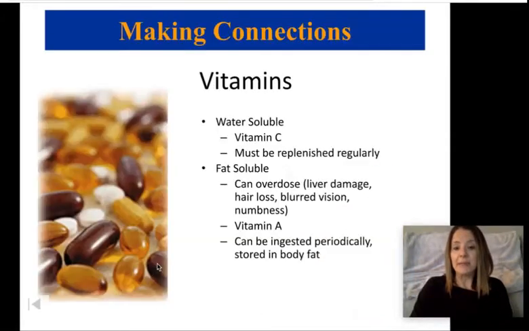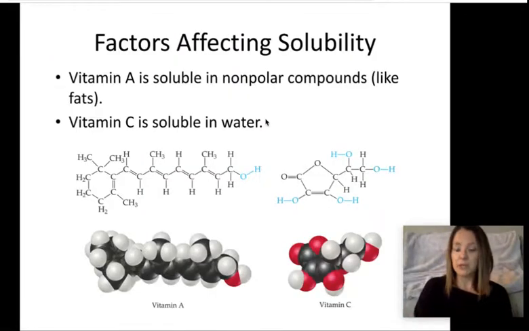It can cause things like hair loss, blurred vision, liver damage. So, fat soluble vitamins should not be consumed in excess because you don't have the capability of getting rid of them as easily as water soluble vitamins, which you need to replenish more often. So, there is a good application for you.